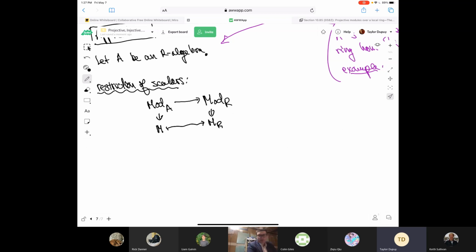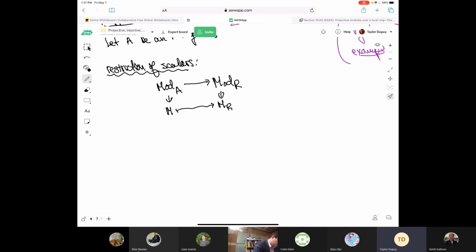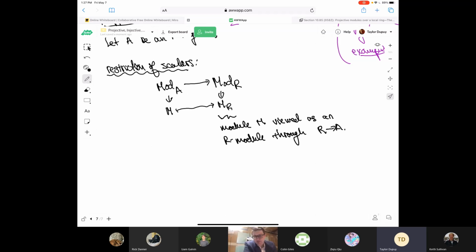And it's really stupid, right? All you do is take the module M viewed as an R module through this ring map R to A. So we know we have scalar multiplication by A on this module because it's an A module.